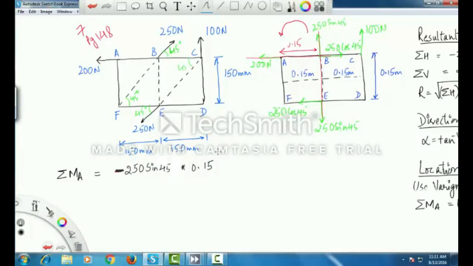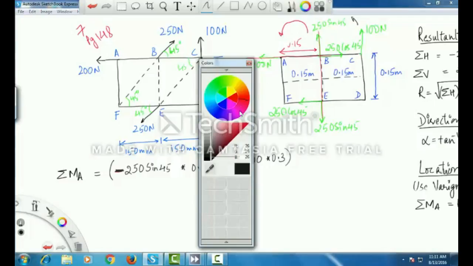So this is the first one. The next ones are over. Let's take this 100. It will be in anti-clockwise direction, so minus 100 multiplied by the perpendicular distance, 0.3.